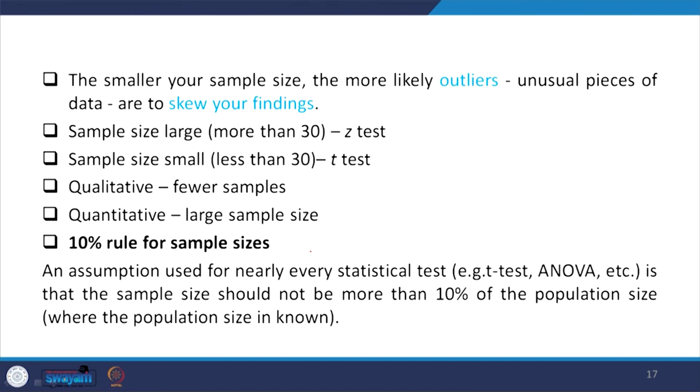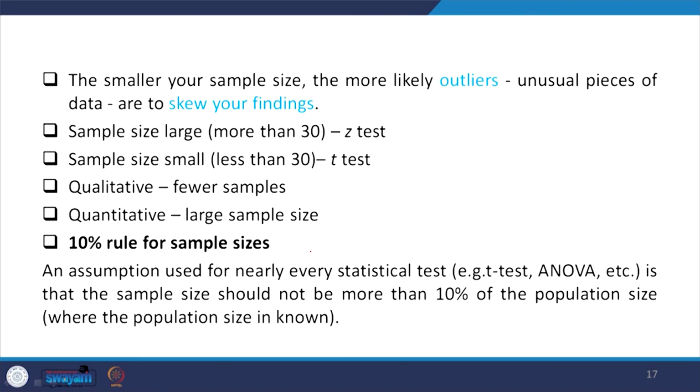If the sample size is larger, the Z test is applied and is more fitted. When it is small, less than 30, the T test is more fitted. In the qualitative case, we require fewer samples. In the case of quantitative estimation, we require large samples.